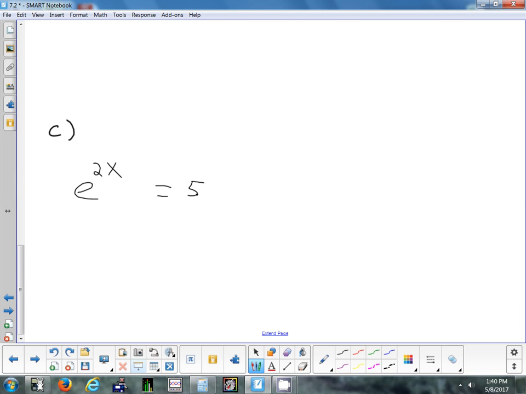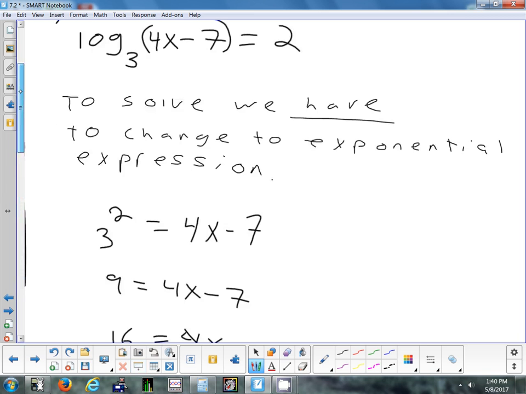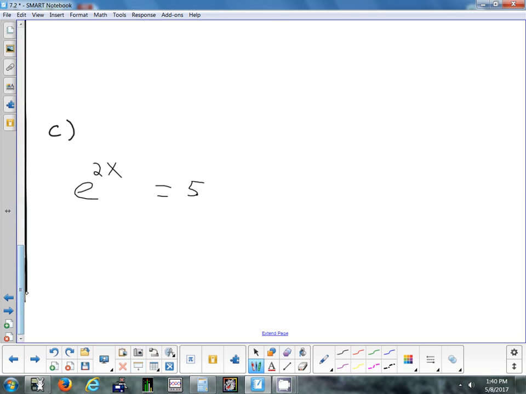Norm? Yep. So I'm kind of looking at the whole thing. It's in exponential form, right? The other 2 problems had the word log in them. This one doesn't. So we have to rewrite it so that it does have the word log.